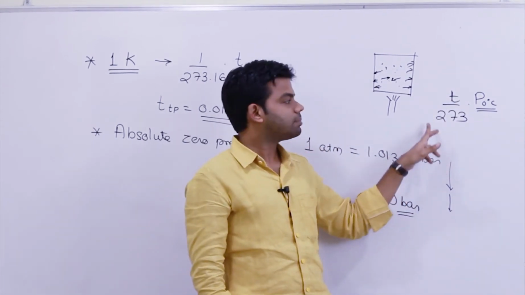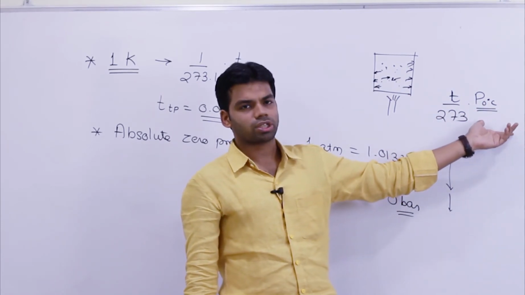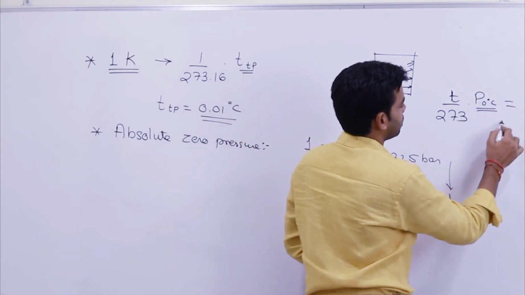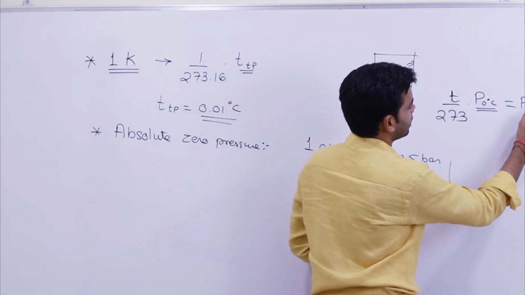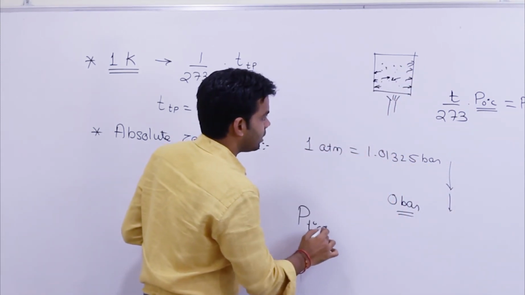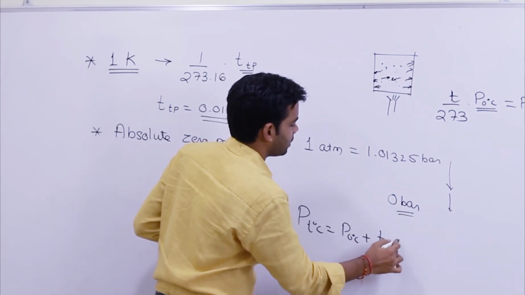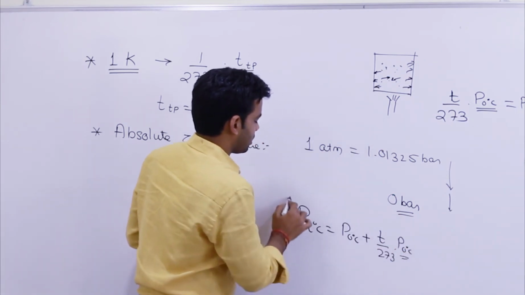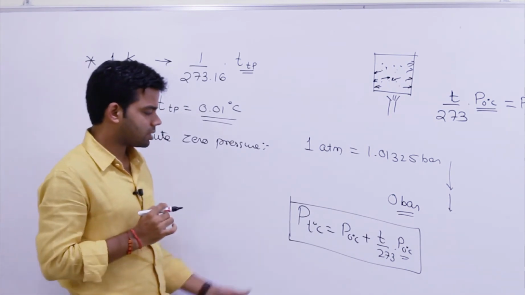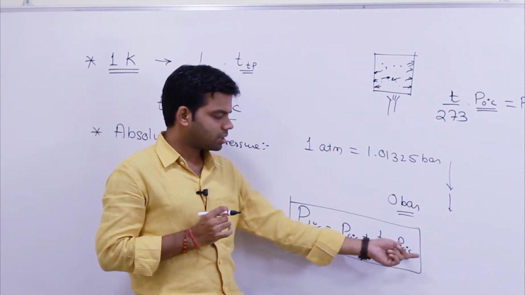The total increase in pressure is T by 273 into the pressure at 0 degree centigrade. That means this will be equal to P at T degree centigrade minus P at 0 degree centigrade. So from here we can determine P at T degree centigrade, which is equal to P at 0 degree centigrade plus T by 273 of P at 0 degree centigrade. This is how we can determine the pressure at any definite temperature.